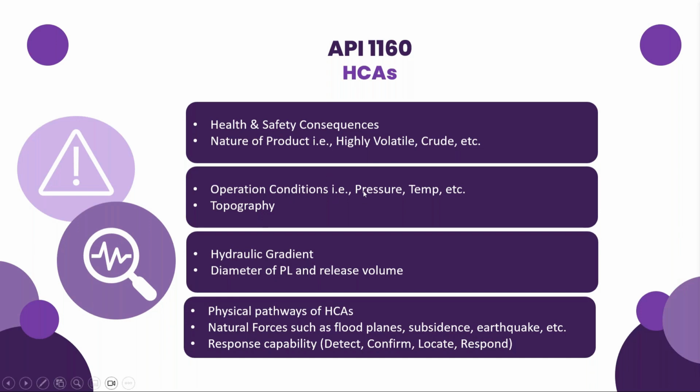So operations, pressure, temperature, hydraulic gradients, particularly with the liquid lines, the hammer effect and things of this nature, diameter of the pipe and release volumes, and the physical pathways to these HCAs. Just because you dumped it in a little creek doesn't mean it's not going to go into a big river or an area where there are high consequence areas.